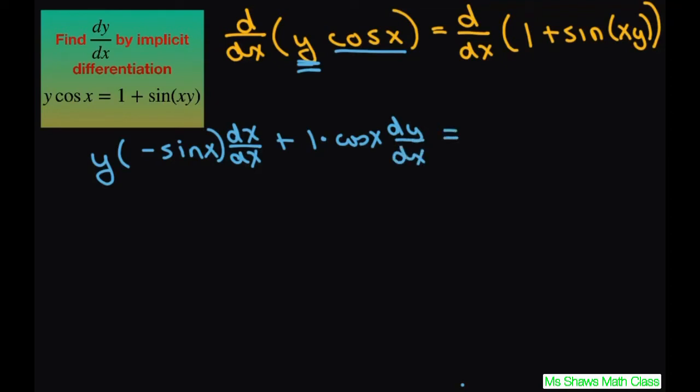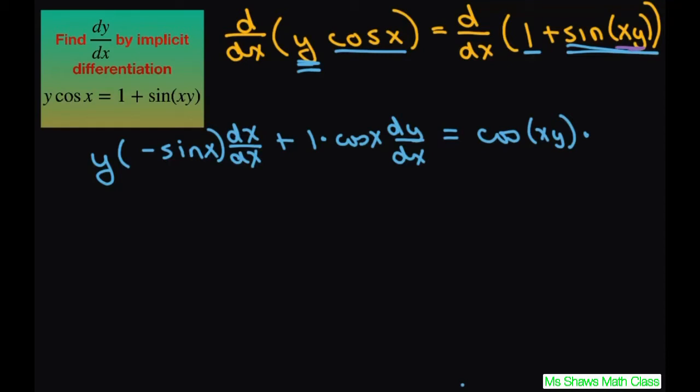Now the derivative of 1 is just 0, so leave that out. The derivative of sine is cosine, and it's really cosine of xy. Then we have to multiply it by the derivative of xy. Use the product rule for that.